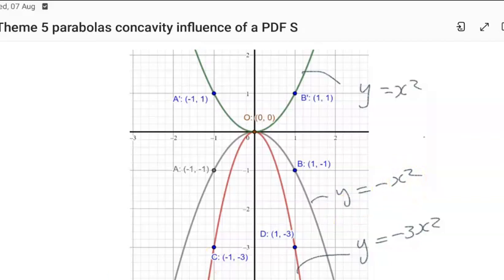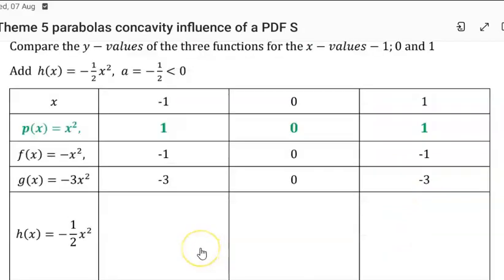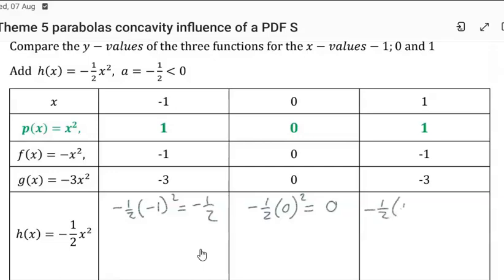And lastly, if I now add h of x, which is negative a half x squared, and I compute that, I will get negative a half times 0 squared, which is 0, and I will get negative a half times 1 squared, which is negative a half.